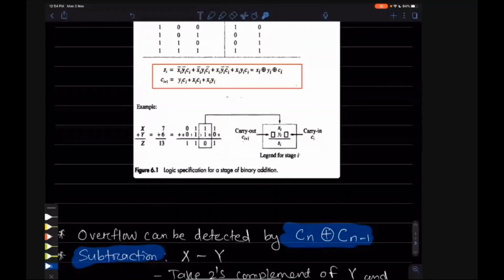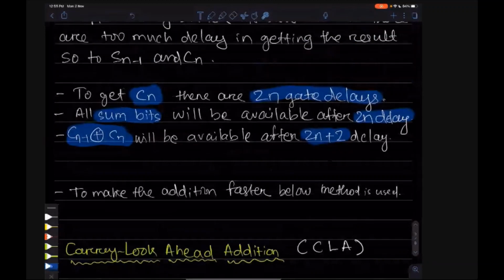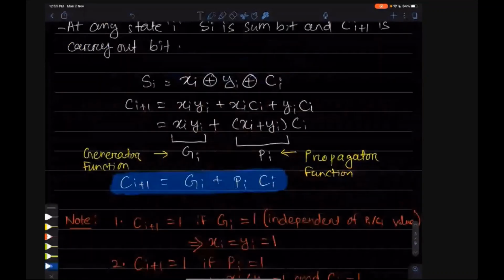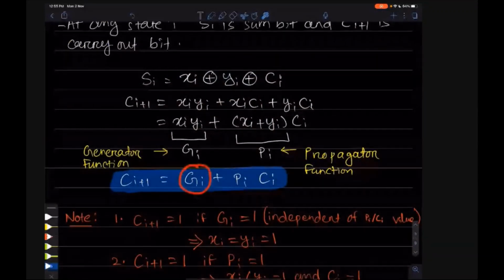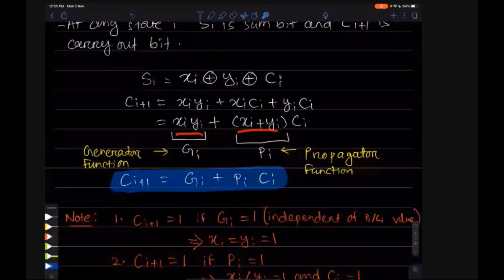So we are able to calculate G and P, the generator and propagator functions, because they depend only upon these two values, and we already know them. The delay was caused by C, not x and y. So the third note is that the generator and propagator functions can be computed in parallel, because Gi and Pi depend only upon xi and yi.